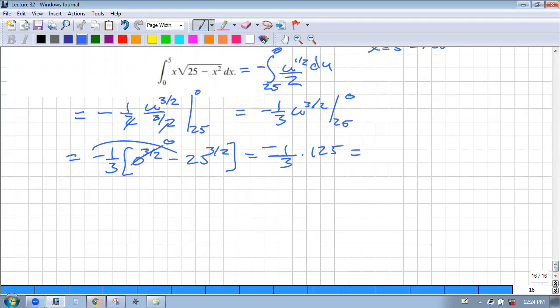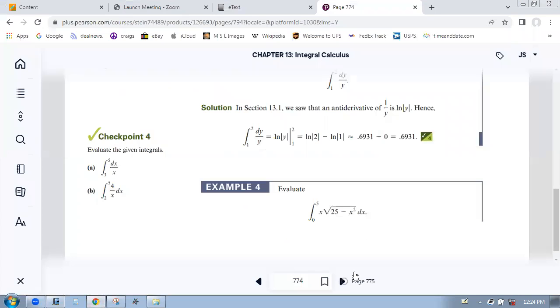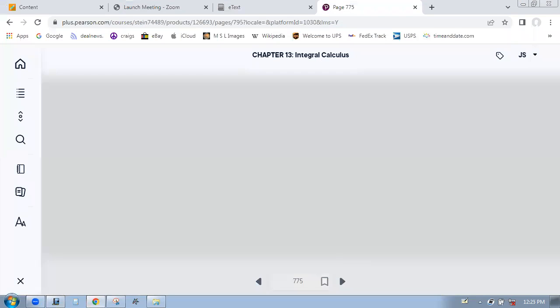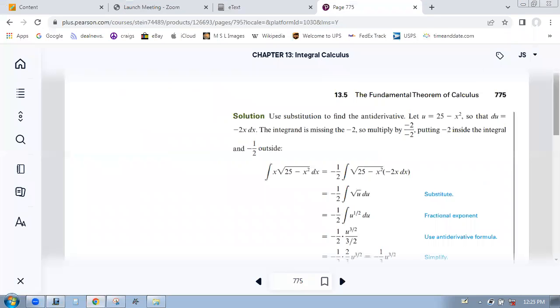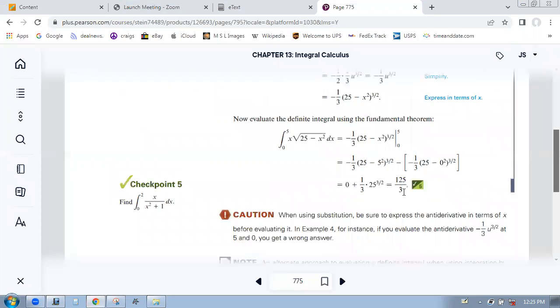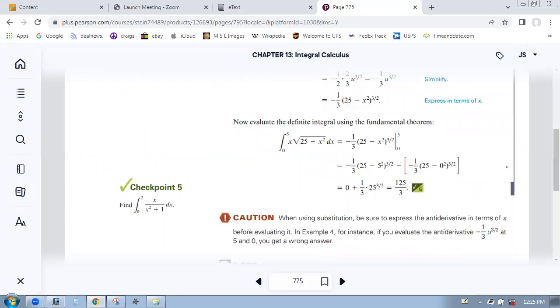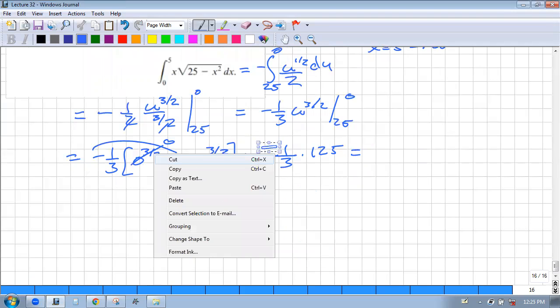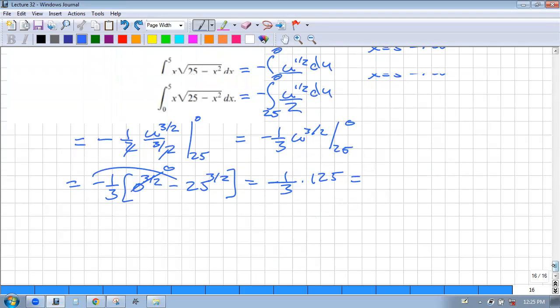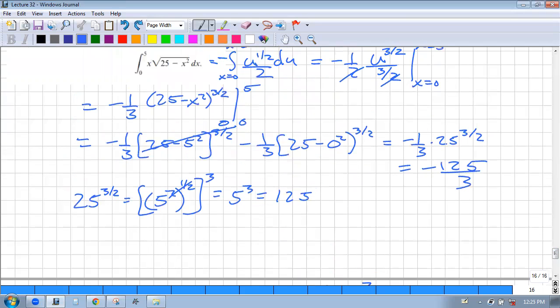Maybe I did it wrong up there. Yeah, I did it wrong in the first one. It's supposed to be a positive. So these are supposed to cancel out. What did I do wrong up here? Oh.